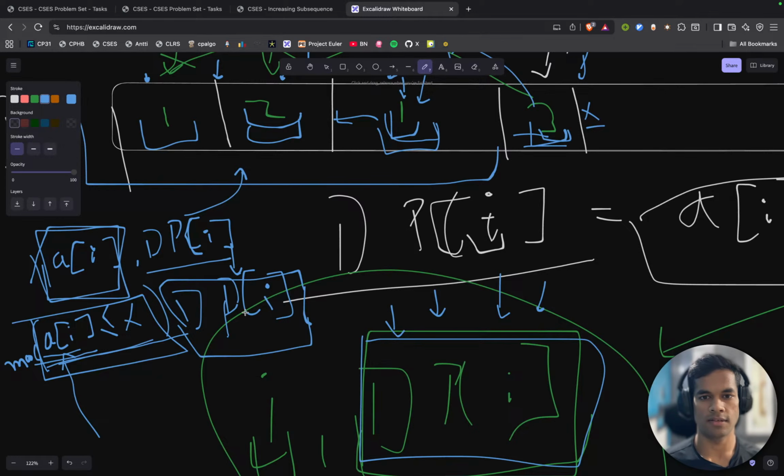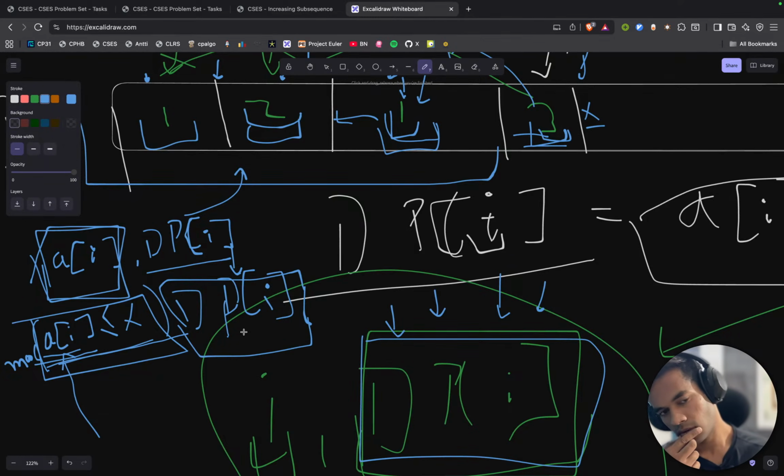And then all the numbers which this current number is pairable with should have their dp sorted out.